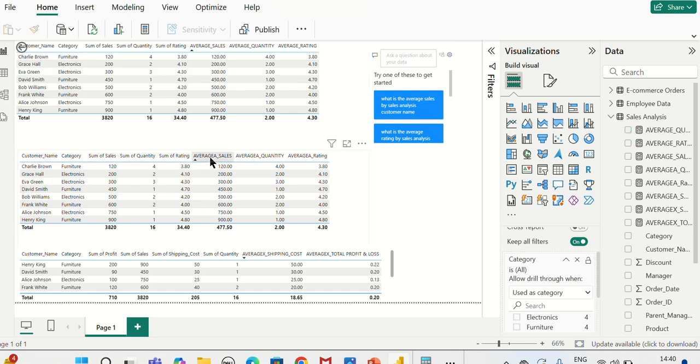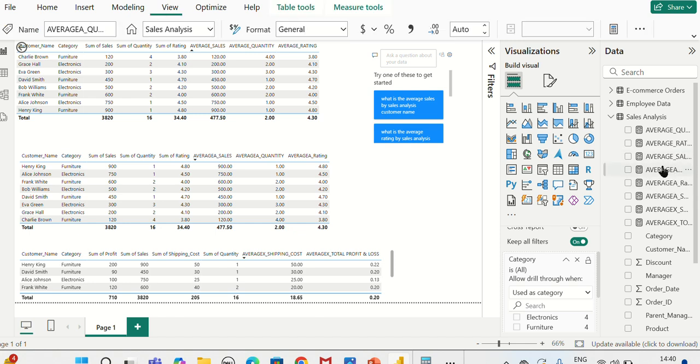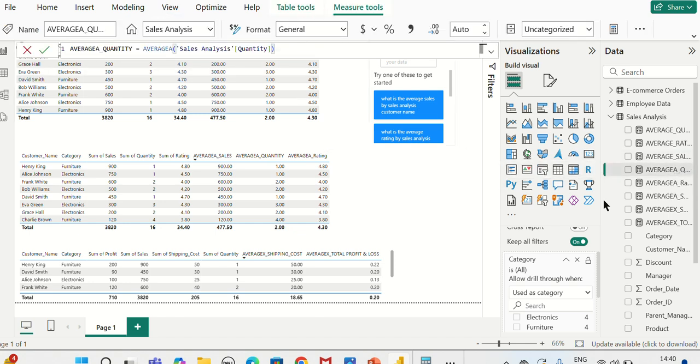Now this is the average sales, okay. See this, I have used AverageA and I've taken out the AverageA of sales. So if you see this, there is no difference between Average and AverageA. It is giving us the same response. Average of sales 3820 is 477.50, same as Average.